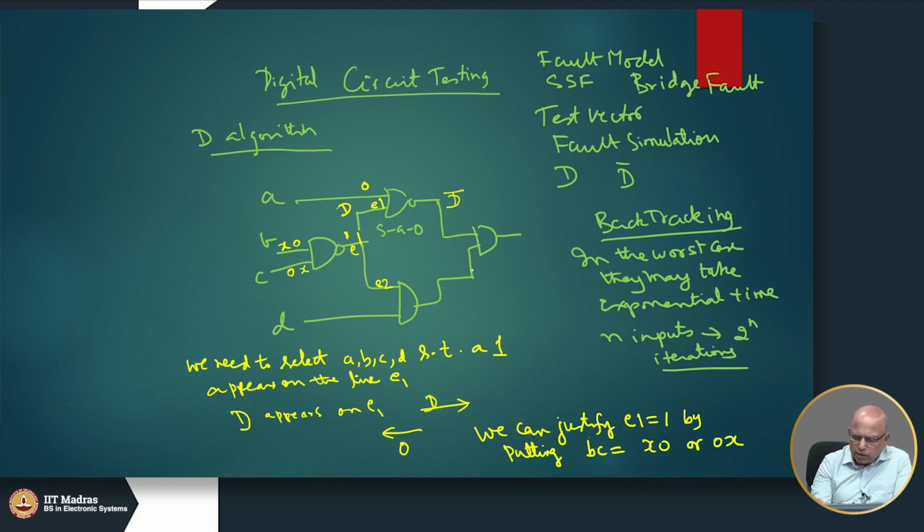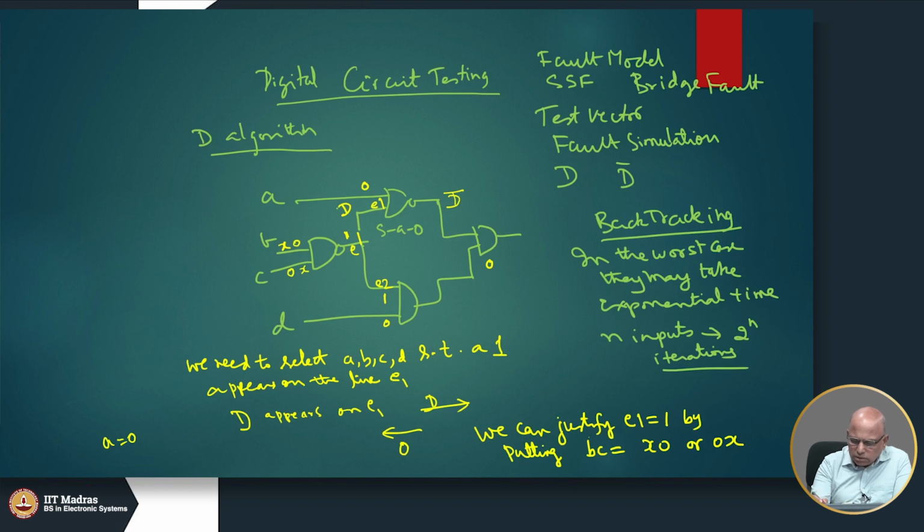And in order to propagate this further, I need a 0, which I can do by putting, see, this 1 has already come here and this 1 is sitting here. So, the only choice I have is to put 0 here. So, the test is A equal to 0. I need A equal to 0 so that I can propagate this fault to the output.